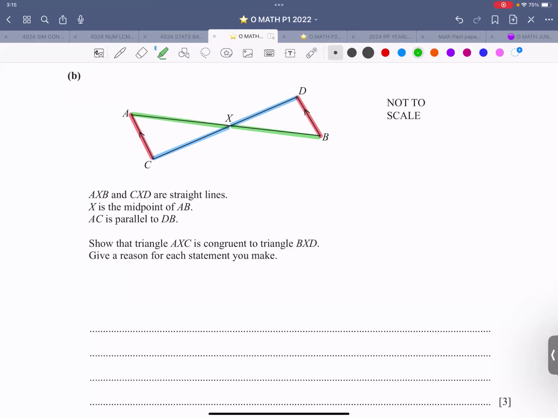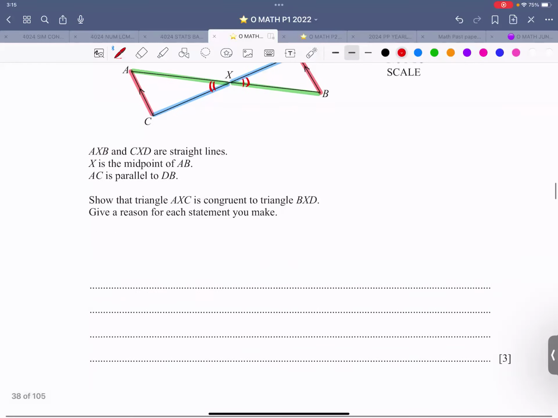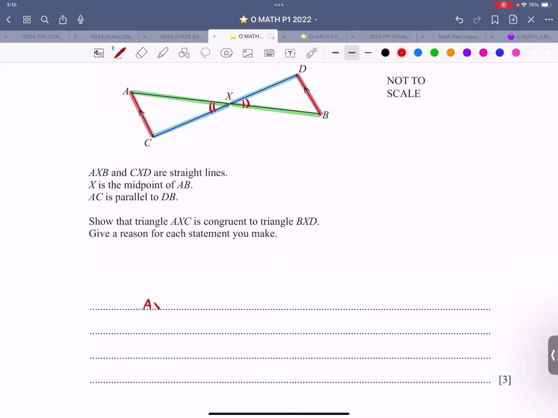Now, how would we go about it? We will say that this angle and this angle should be the same. Or we can write this: AXC is the same thing as DXB. This is vertically opposite angles. That's the first reasoning. Then the next reasoning is that CX and XD are the same in length because it is given, because of the midpoint. So that's the two pieces of information.